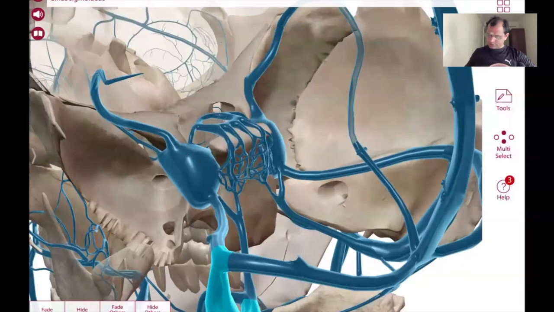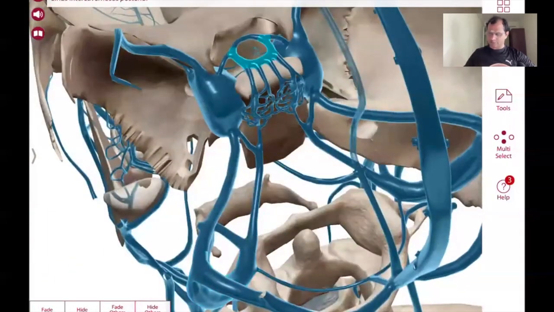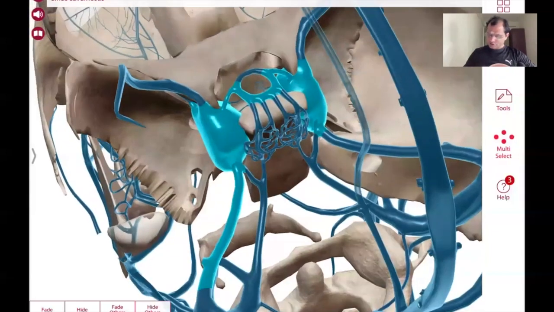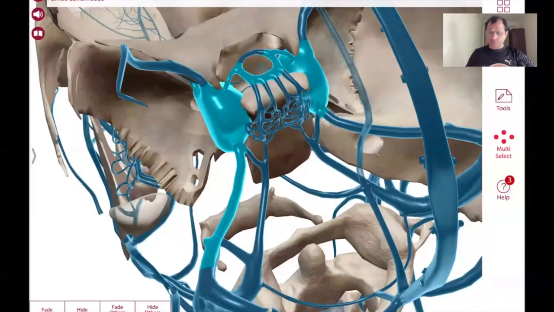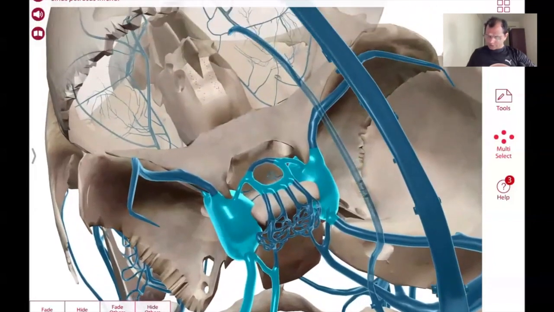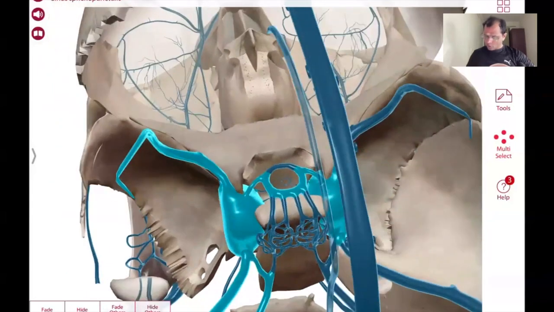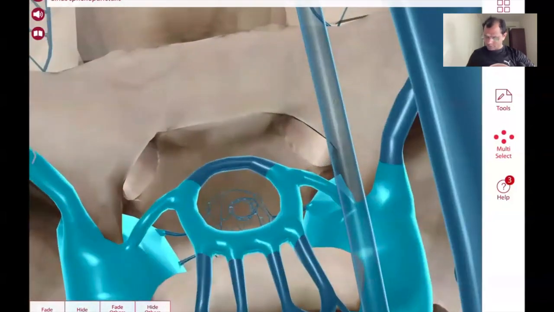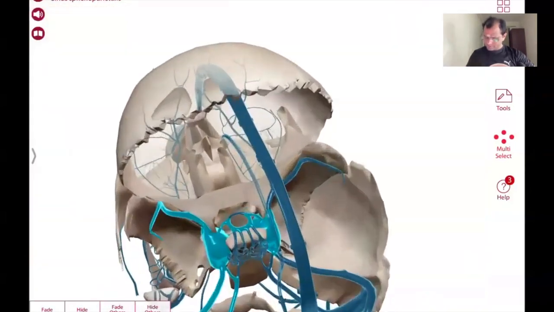So my question is, we are talking about this cavernous sinus, this entire structure. So this cavernous sinus is definitely connected with the petrosal sinus, superior and inferior. Then it also has a connection with the ophthalmic vein coming from the eyes.